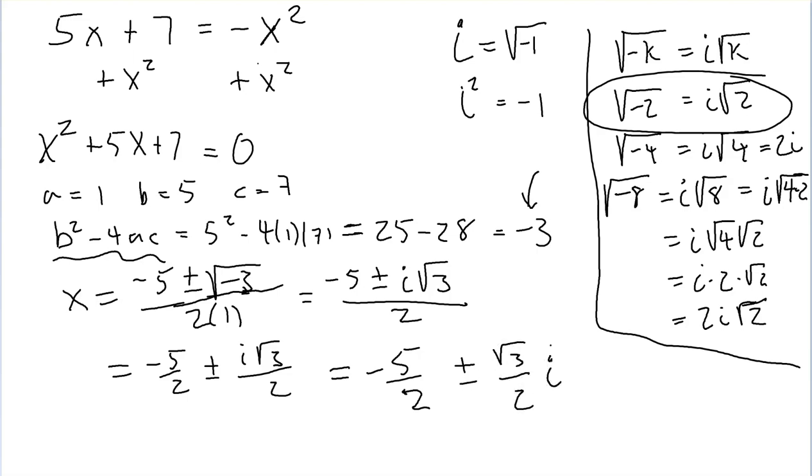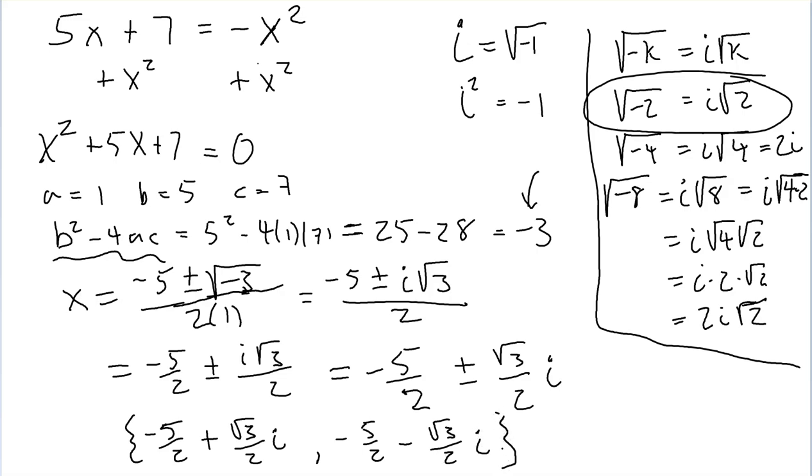Like that. So the two solutions are actually written as a set sometimes, like this, -5 over 2 plus square root 3 over 2 i, and then -5 over 2 minus square root 3 over 2 i. That's a very formal way of writing out the solution set.